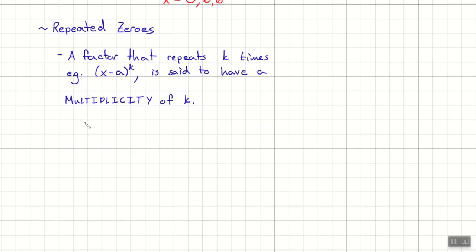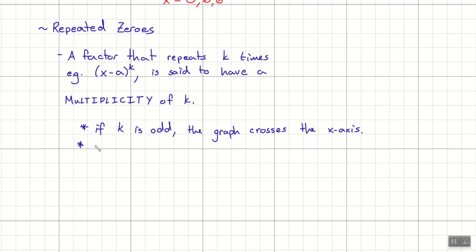You guys just had it. So a little follow-up. If your multiplicity, which we just wrote down as k, is odd, the graph crosses the x-axis. No matter how much I like the phrase it bounces, I'm going to say touch and turn, because I've used that for the last however many years I've taught.